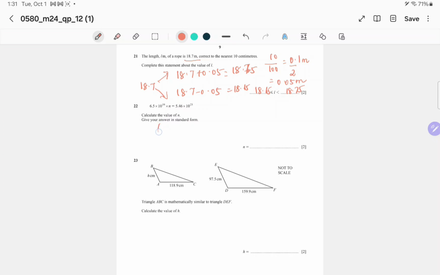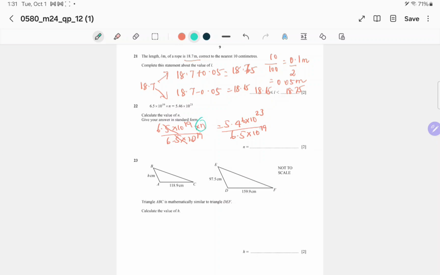Keeping n on one side, 6.5 into 10 power 19 into n is equal to 5.46 into 10 power 22. Divide both sides by the same number, 6.5 into 10 power 19. Here it gets cancelled, so remaining is n alone.